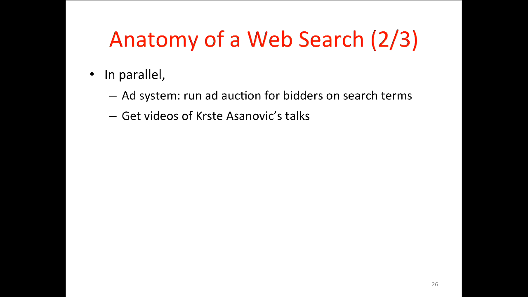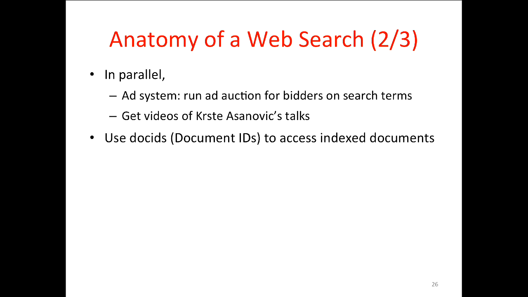And then in parallel, the server also communicates with ad systems because Google has to make a profit, right? And then it also fetches some videos of his talks. Then the index servers return document IDs to access the documents on document servers.